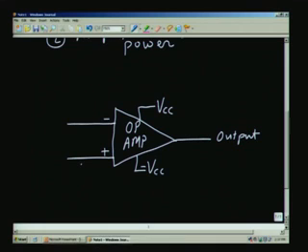So, we have two input terminals, and if you look at these two input terminals, suppose I show it in terms of a resistance between these two terminals. This is extremely high, extremely large.